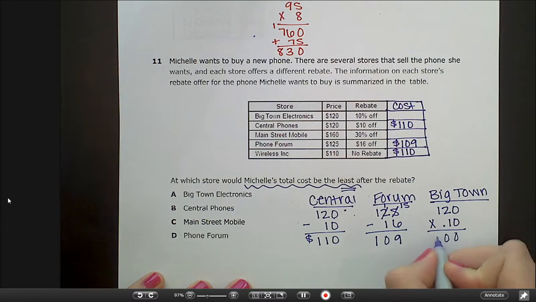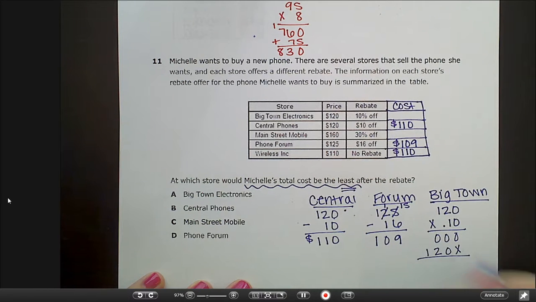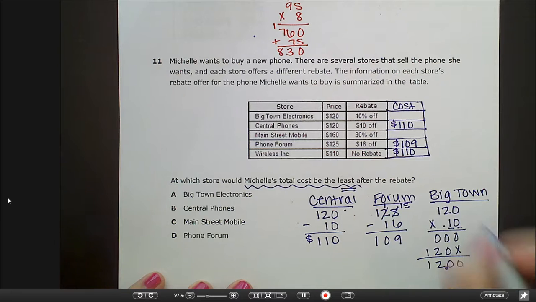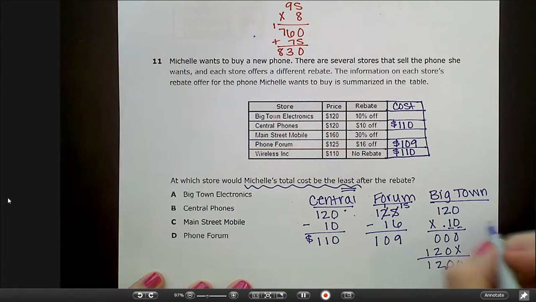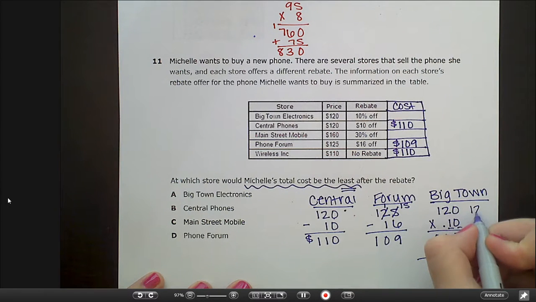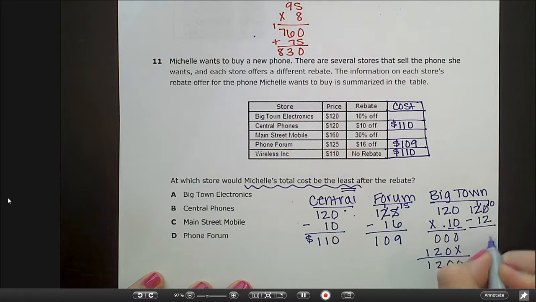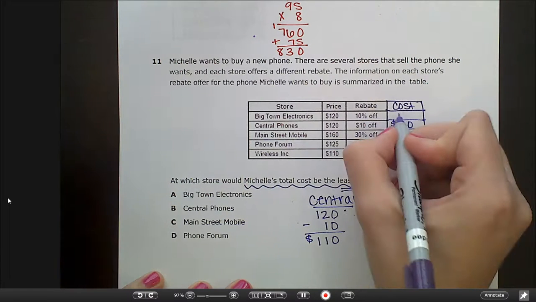Those are zeros. Put an X. And I need 2 digits behind my decimal, so that's $12 off. So $12 is not my cost, that's how much I'm saving. So let's do 120 minus 12. Big Town cost $108.